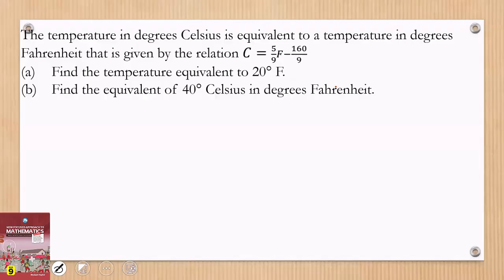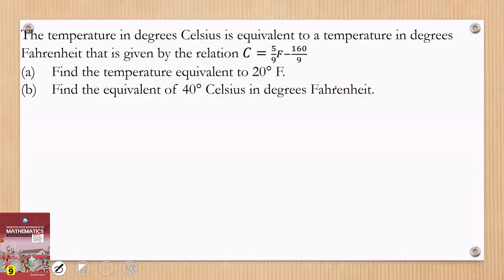The temperature in degrees Celsius is equivalent to a temperature in degrees Fahrenheit, given by the relation C, which is the degree Celsius, is equal to 5/9 Fahrenheit minus 160/9. What it means is that if you want to convert between degrees Celsius and degrees Fahrenheit, you can use the relation to do that.